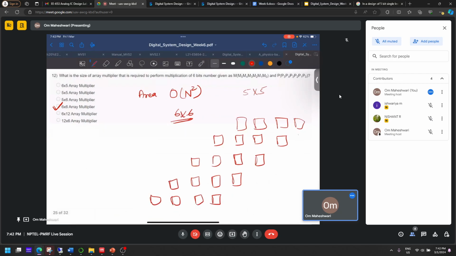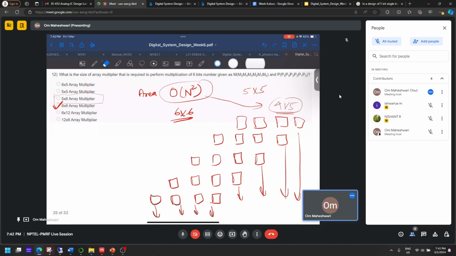Which you count. Actually it is not 5 cross 5, it is actually 4 cross 5, but in general we take of the order of n square. So if you answer like 5 cross 6, that is also not incorrect, but for a very large system we tend to ignore this computation and we go with of the order of n square.